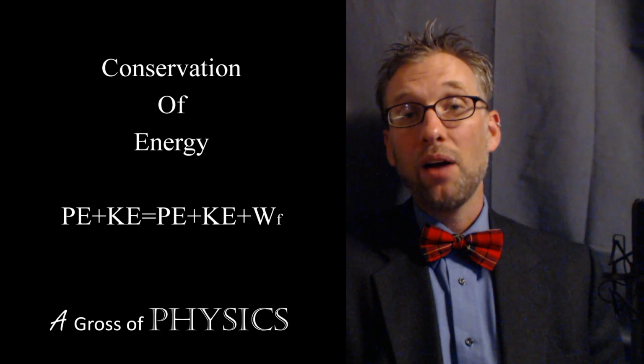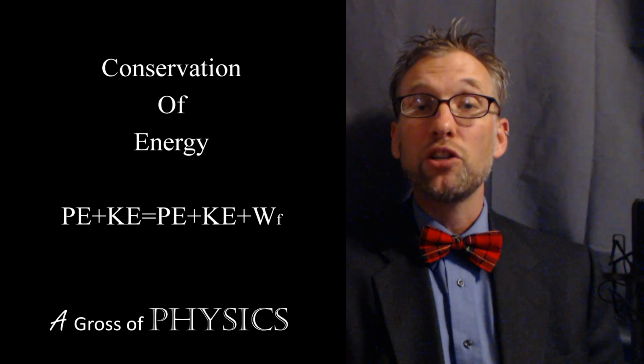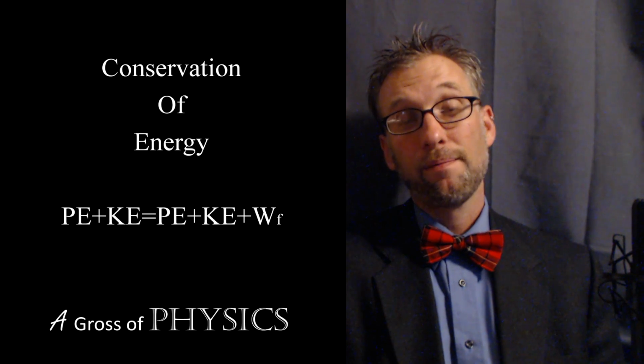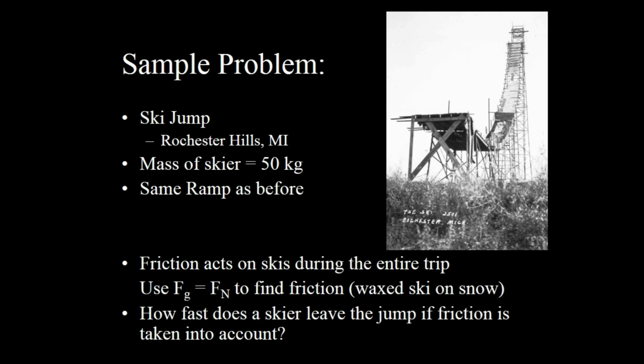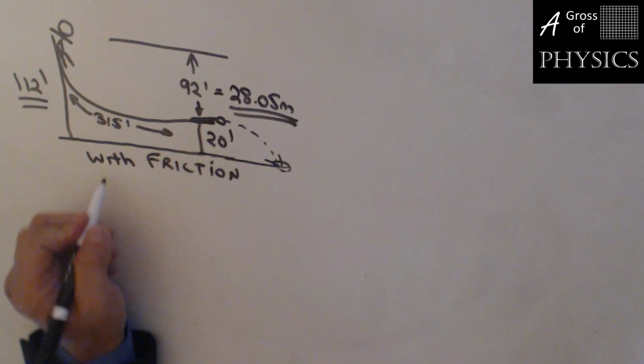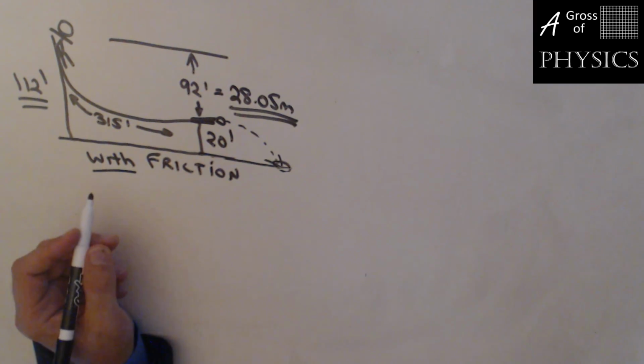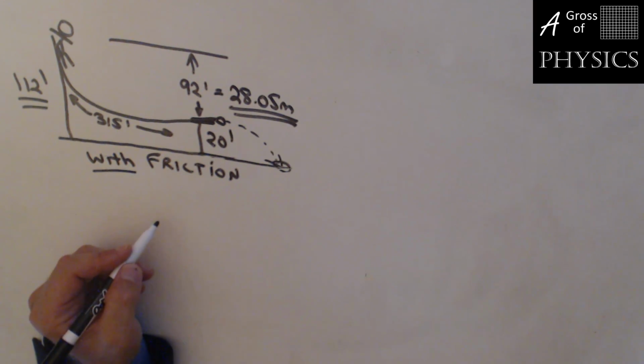We'll take out the whiteboard now and we'll solve some conservation of energy problems with friction. Now we're going to do the same ski jump problem that we did before, but we're going to add friction to the problem.